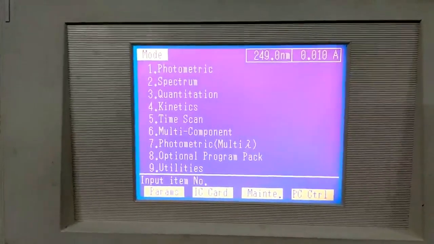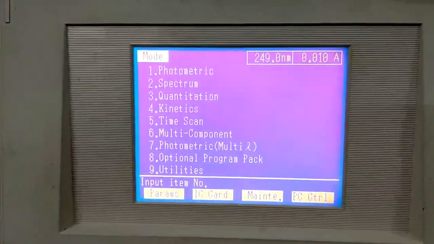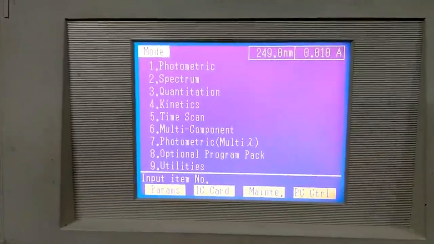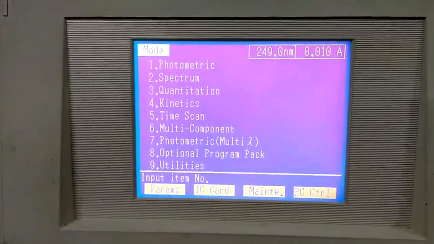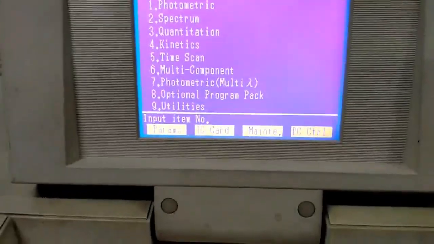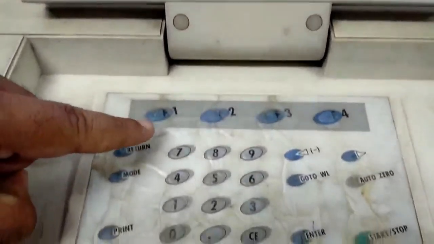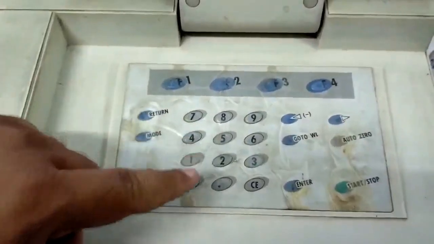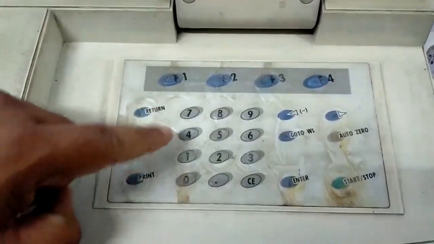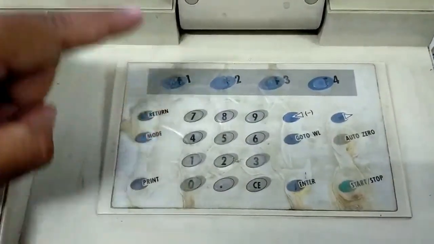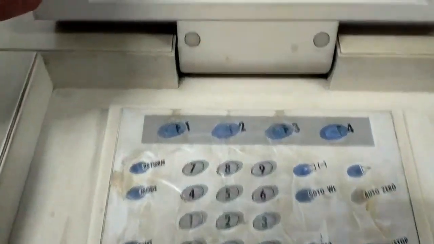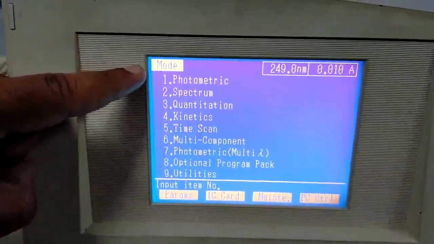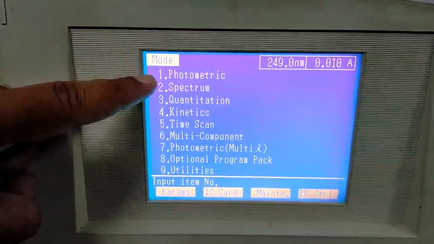So you are looking at the interface of the UV spectrophotometer. It has different modes. If I press 1 through these keys, see, these are the keys 1 2 3 4 5 6 7 8. So these are the keys which will move you to the different modes. Here you will look at different modes.